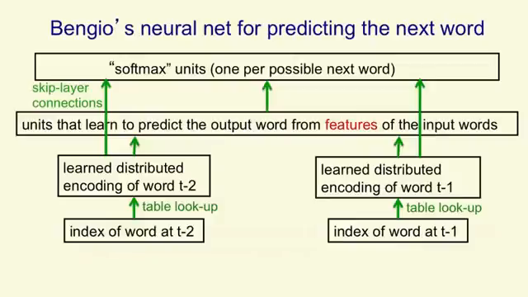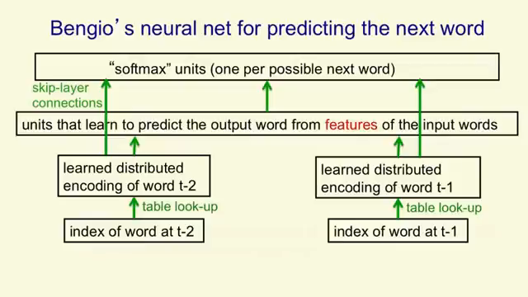After getting distributed representations of a few previous words, I've only shown 2 here, but he would typically use, say, 5, you can then use those distributed representations via a hidden layer to predict via a huge softmax what the probabilities are for all the various words that might come next.